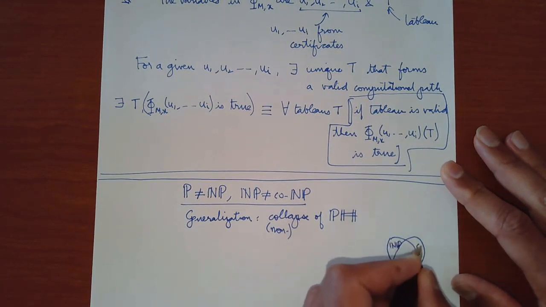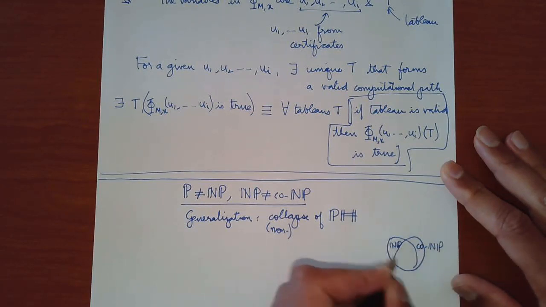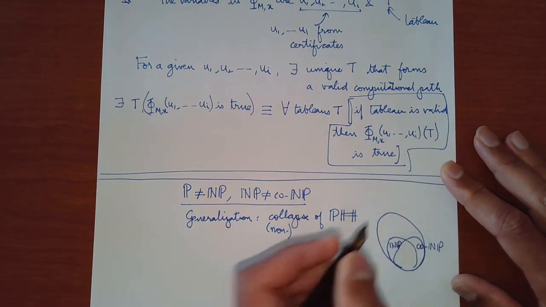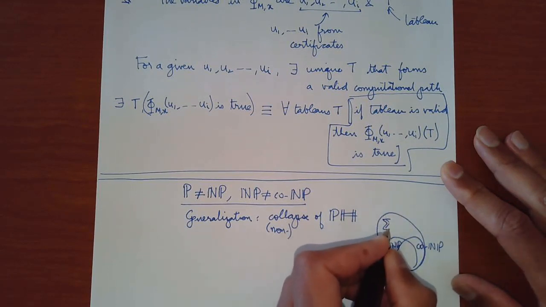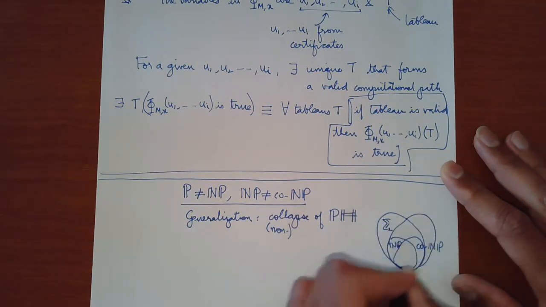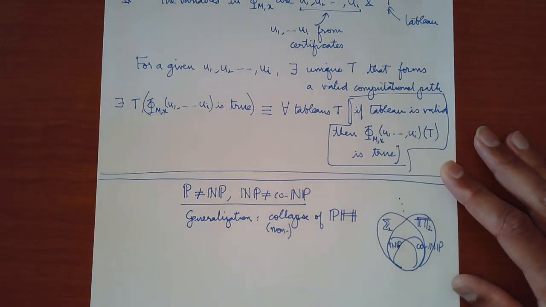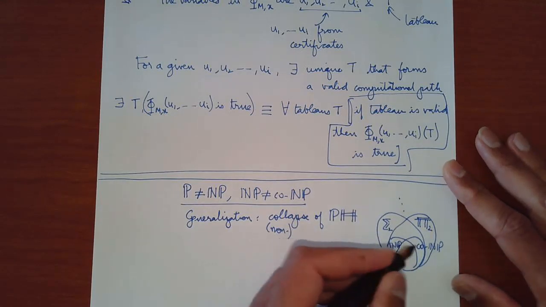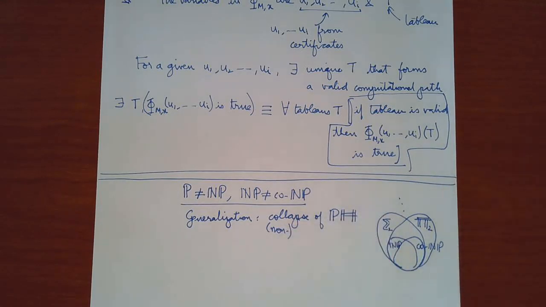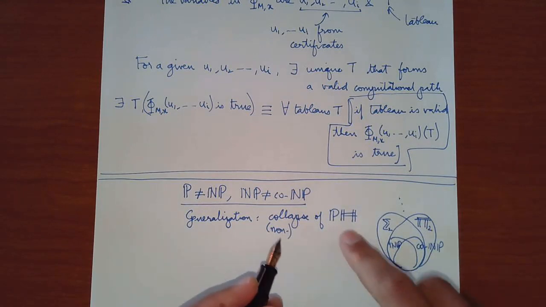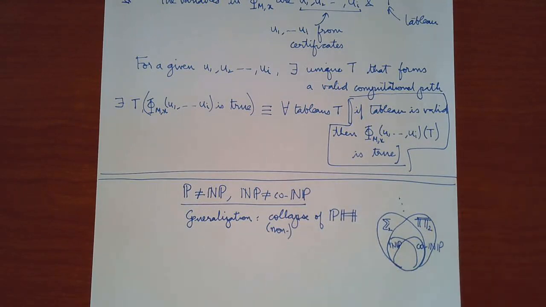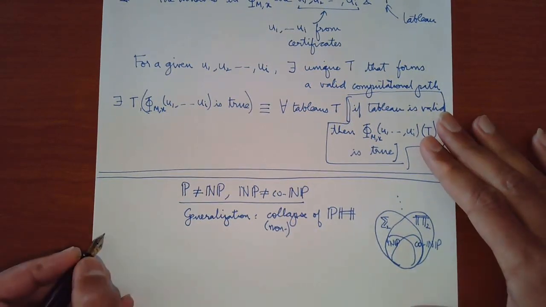You have NP, you have co-NP, then you have something bigger than that, which is sigma 2, pi 2, and so on and so forth. Now we think that all these classes are distinct. The non-collapse is asserting that all of these classes are distinct. That's what it asserts.